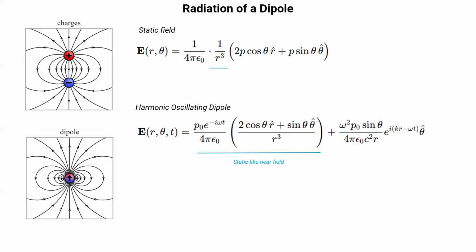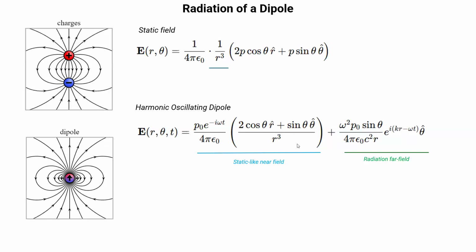Again, we recognize this static-like near field, which coincides with the static field up to this exponential harmonic function. And the second term again depends on the distance as 1 over r.